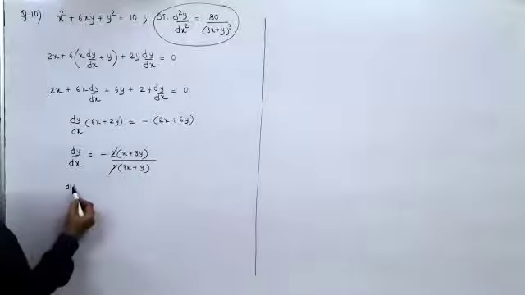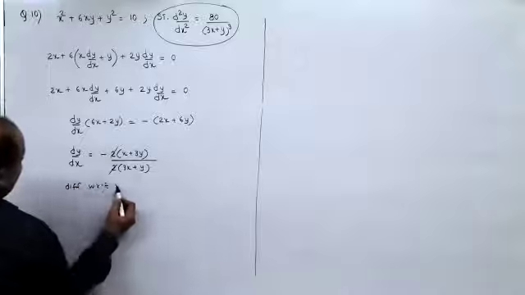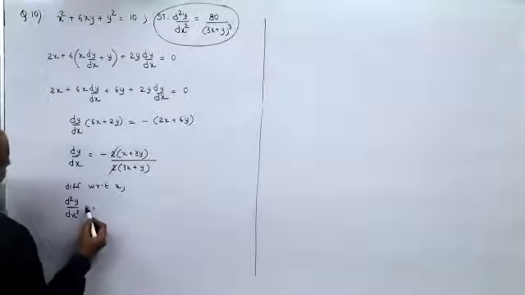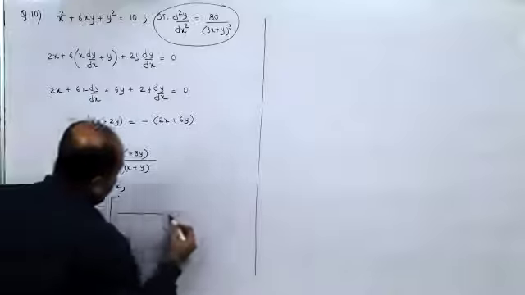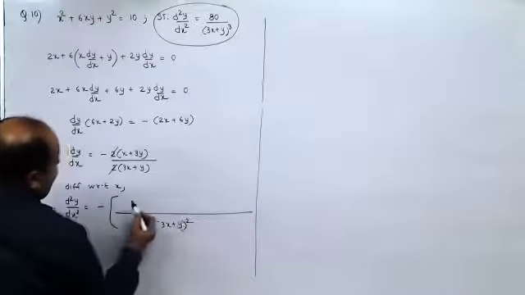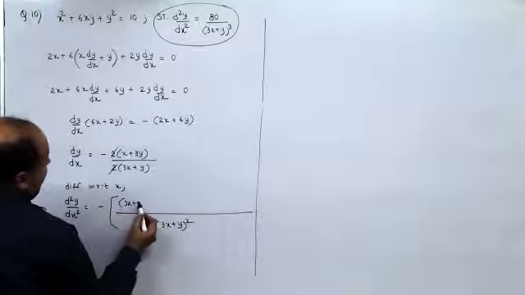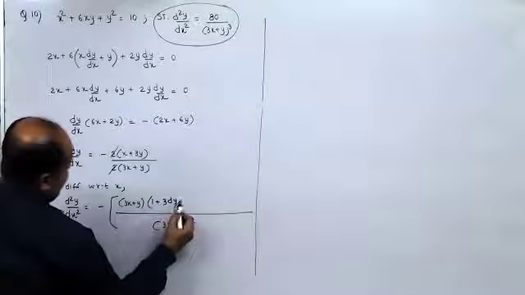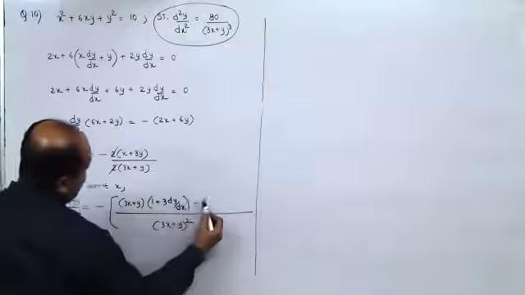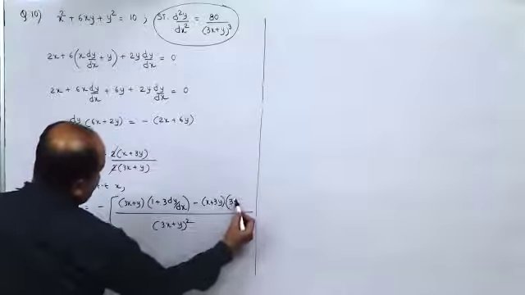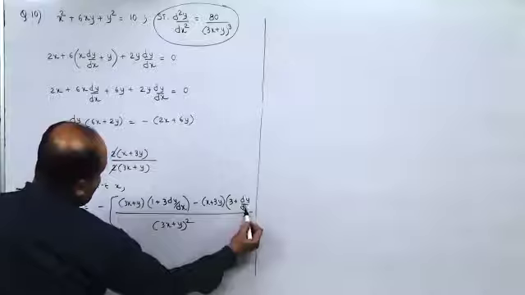When you differentiate it for the second time, you get d square y by dx square equal to minus of, upon (3x plus y) the whole square, and here you get (3x plus y) into the derivative of (x plus 3y), so that is 1 plus 3 dy by dx, then minus (x plus 3y) into the derivative of (3x plus y), so that is 3 plus dy by dx.